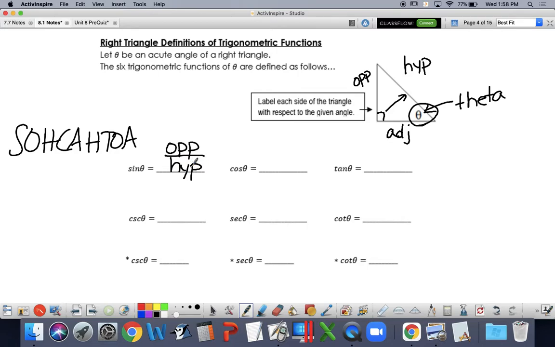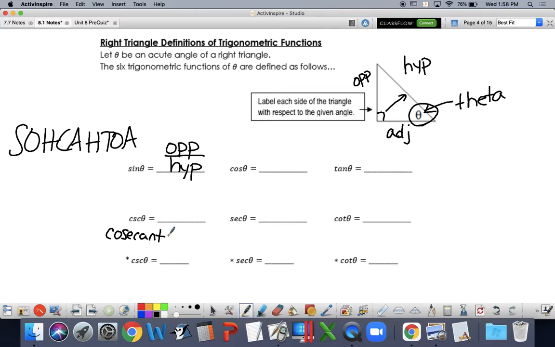Now we've got these other lines down here, right? So this right here stands for cosecant. And cosecant is partnered with sine. S and C go together. It is just the reciprocal value.